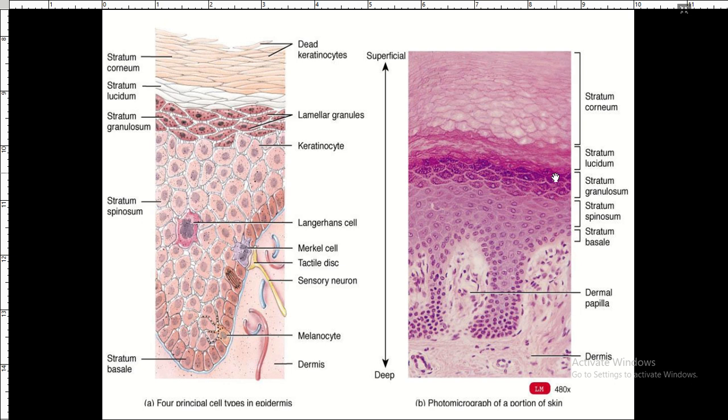And above the stratum lucidum, we now have the stratum corneum. The stratum corneum is going to have dead keratinocytes, no nucleus, no organelles, only keratin.